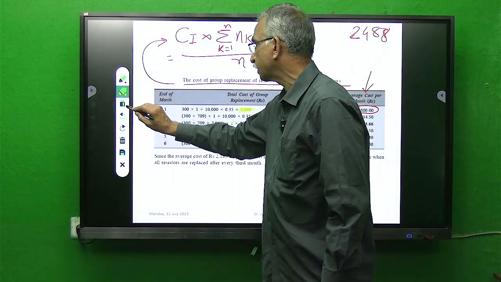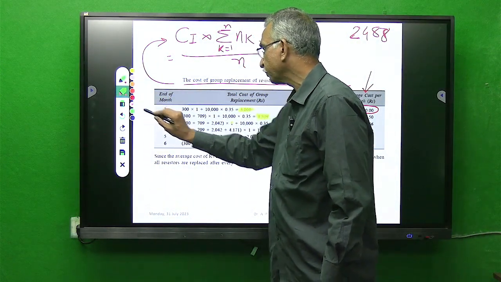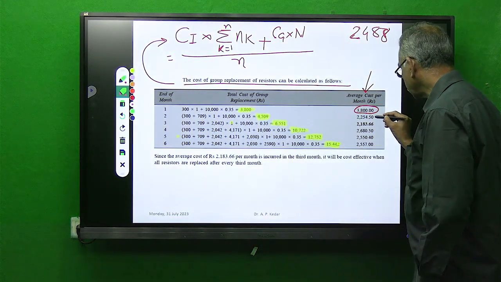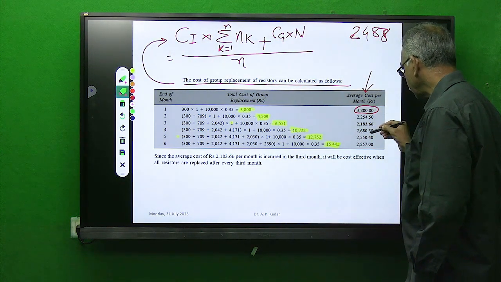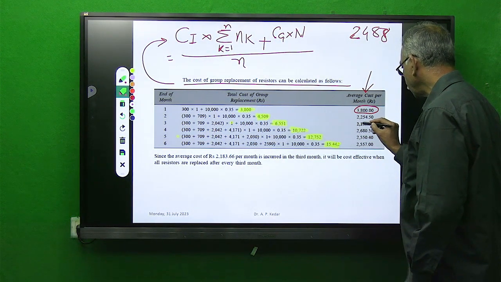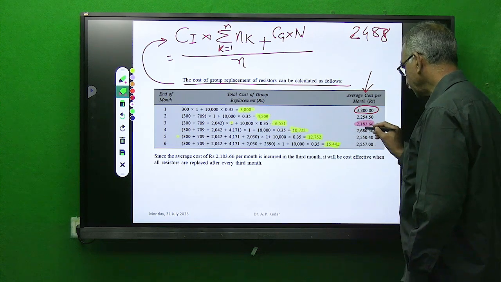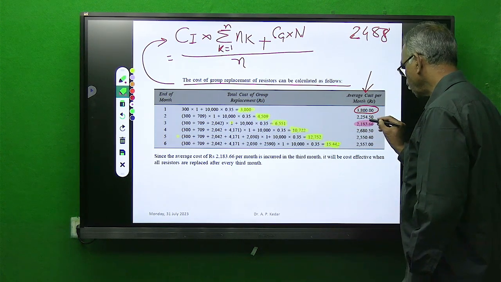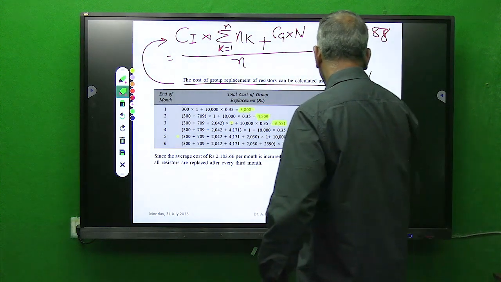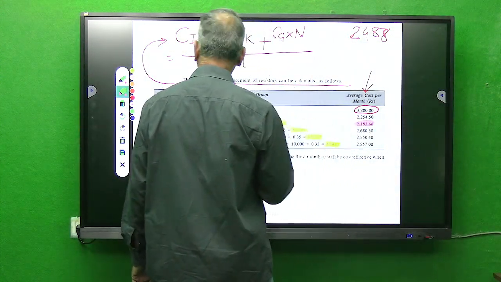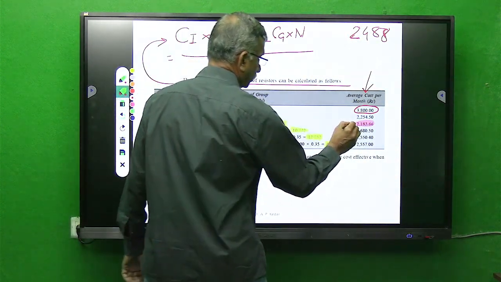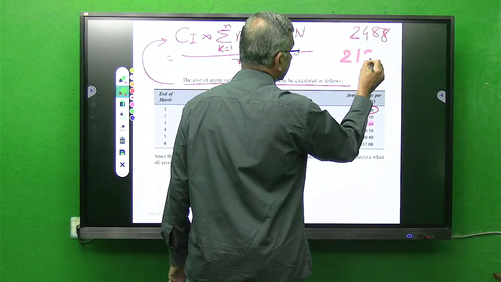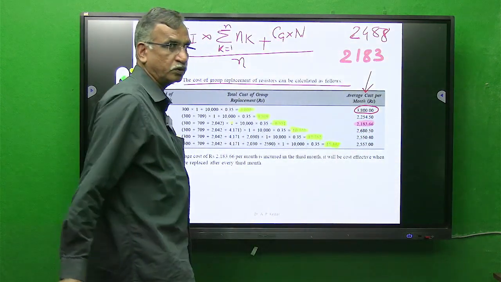Now you have to be alert at this point. This is a very important step. See the decreasing trend and highlight the minimum value of the decreasing trend, and then you can observe that further values are increasing. So your value of interest is 2183.